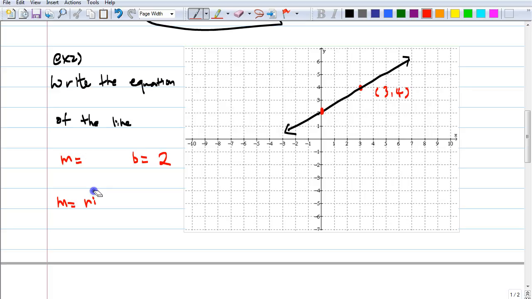So who could tell me what the rise is? Let me call this A and let me call this B. Is that okay? Who could help me how to do this one here? Dia, tell me how to do that. 3, 4, and then you subtract.